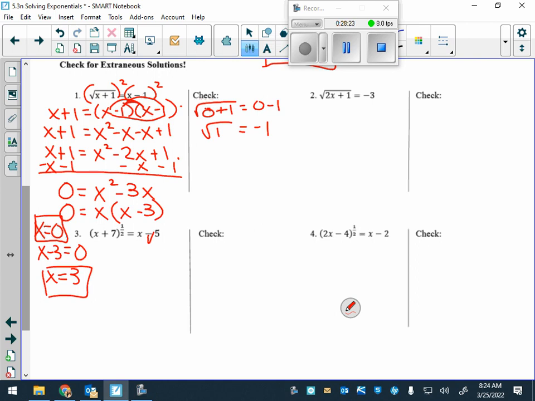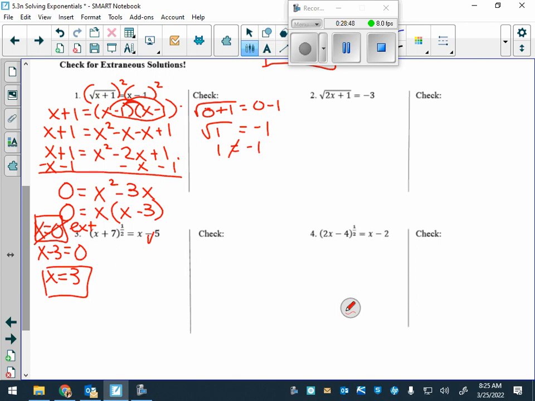The square root of 1 is just what? 1. We're taking the positive side of things. Does 1 equal negative 1? No. Therefore, 0 is extraneous. 0 is not a solution. It was a possible one at one point, but then we checked it.